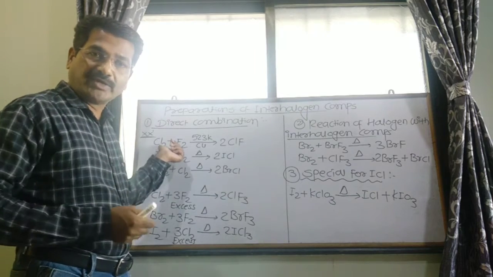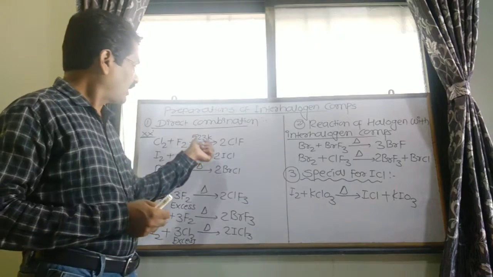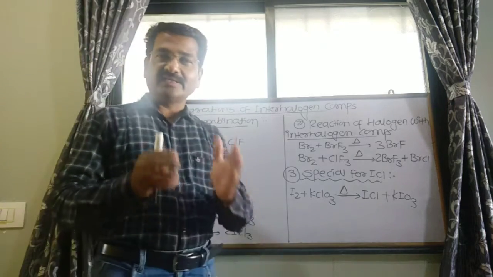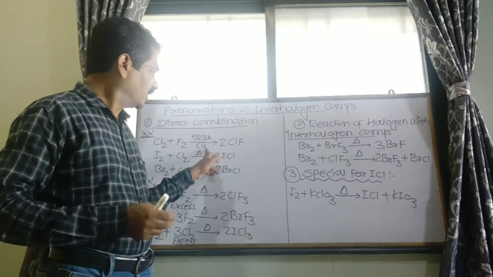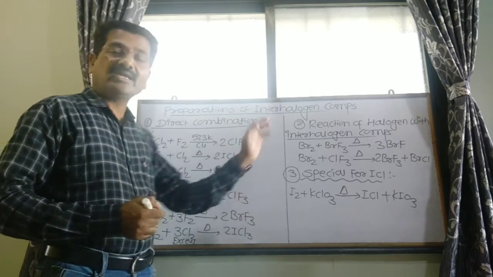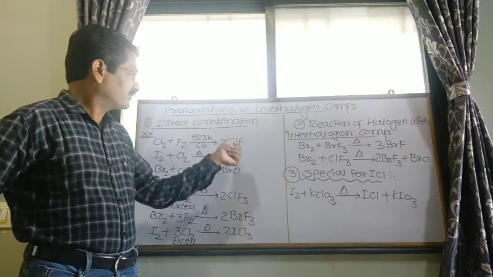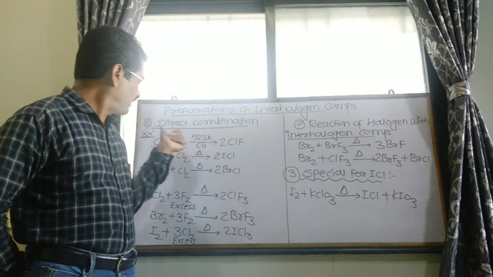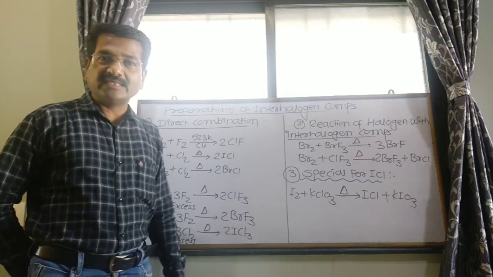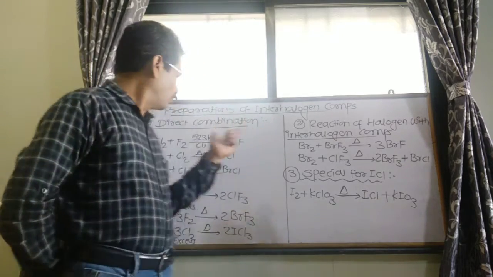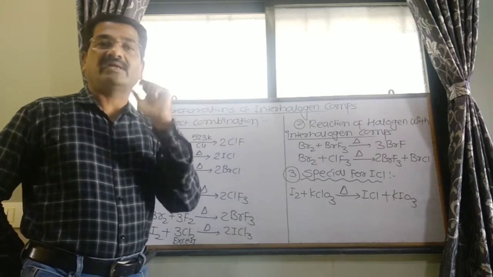One molecule of chlorine Cl2 can react with one molecule of fluorine at 523 Kelvin, heated in the presence of copper, to form chlorine fluoride. Chlorine fluoride is the first example of XX'. This is the direct combination method, which requires both molecules in the same proportion, that is 1:1.